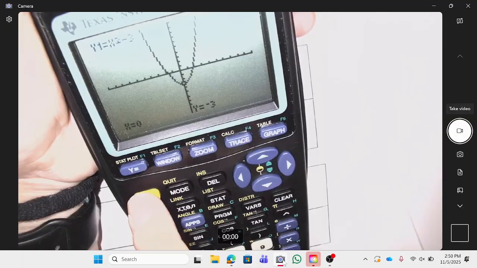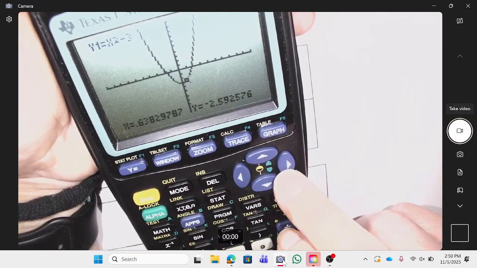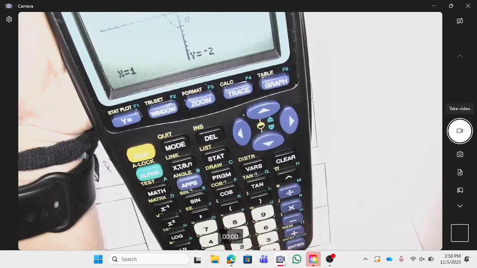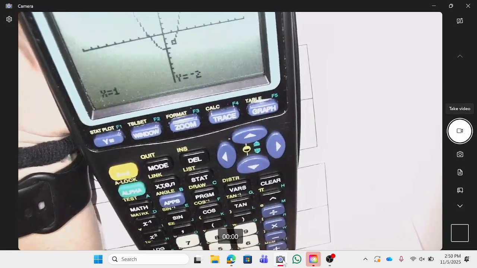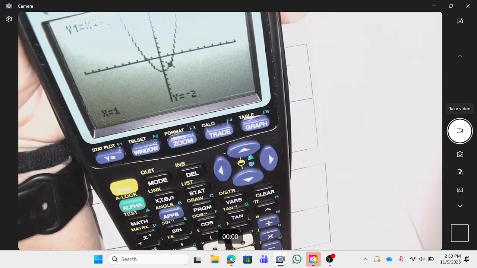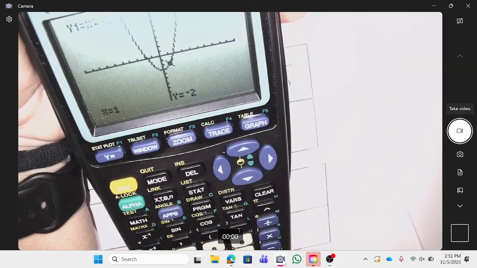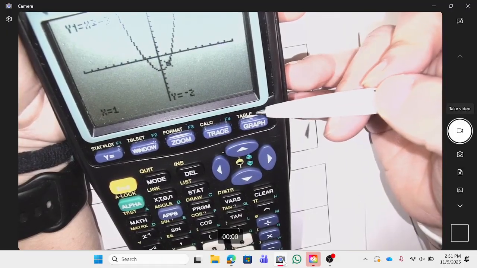There's also this. What's the coordinate when I'm at 1? If you hit 1, enter, it just goes to a different coordinate. Did you get 1, negative 2 as a coordinate? Okay. Also this feature, I'm going to go to the table of values right here.